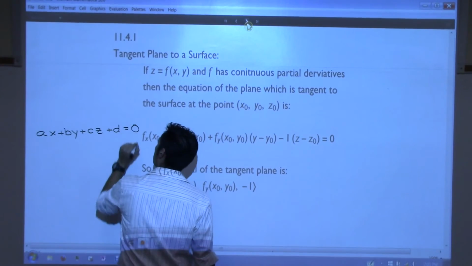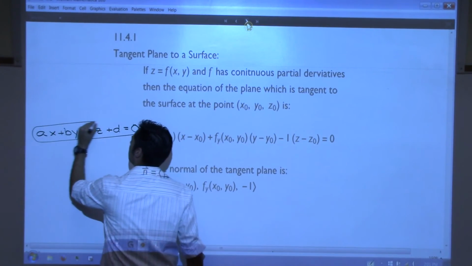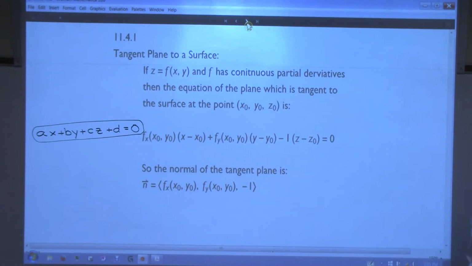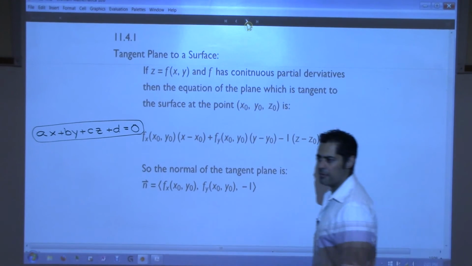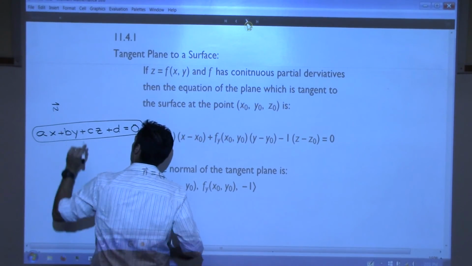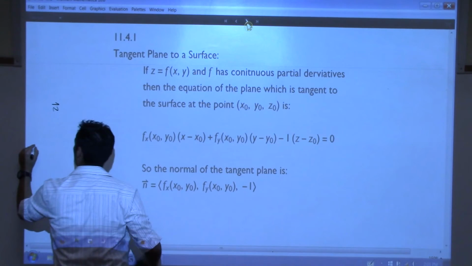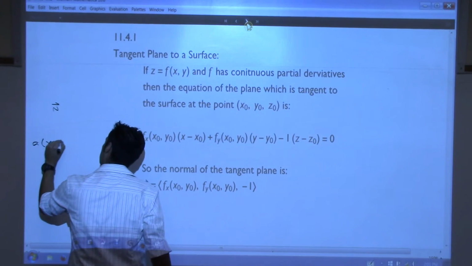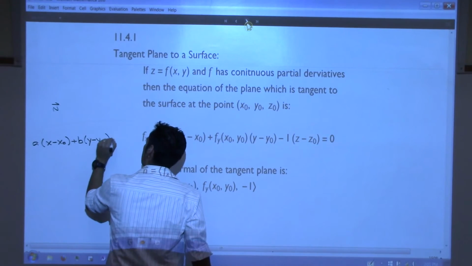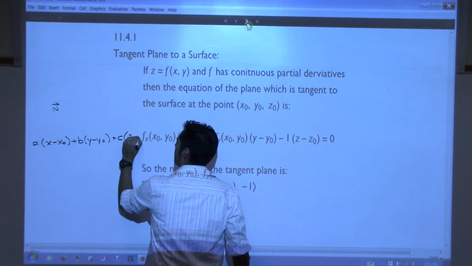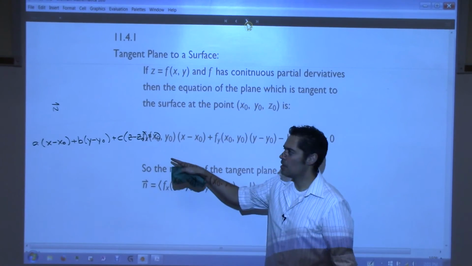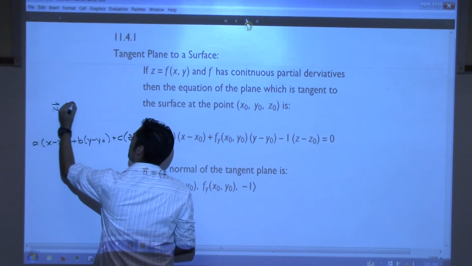Do you remember this equation of a plane that I gave you way back in the day? The ABC out of that came from the normal vector. Remember this one: a times (x minus x naught) plus b times (y minus y naught) plus c times (z minus z naught) equals 0. Remember that equation?